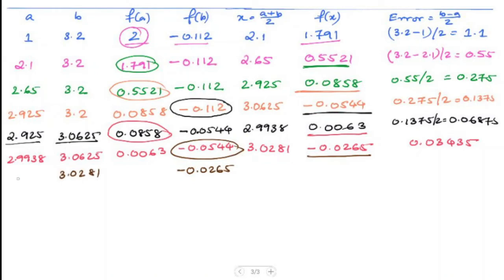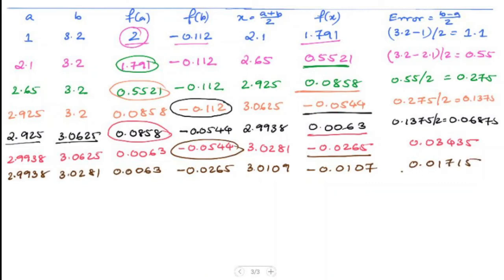Then the a will remain the same, that's 2.9938, and f of a will also remain the same because a is not changed, so that would be 0.0063, and x will be 2.9938 plus 3.0281 divided by 2, that would give us the value as 3.0109, and putting that in the function, we'll get the value as minus 0.0107, and for the error we would divide 0.03435 divided by 2, that will be 0.01715.